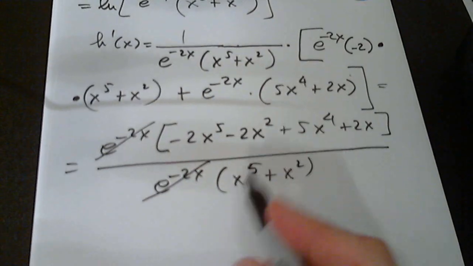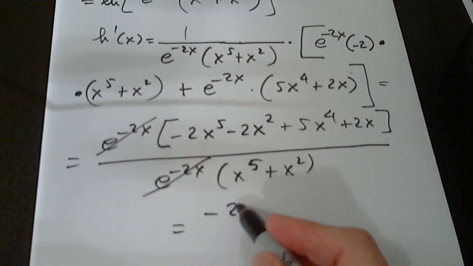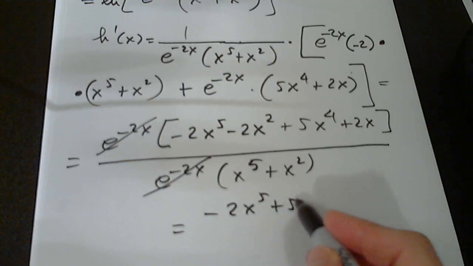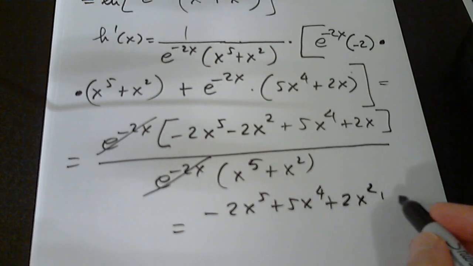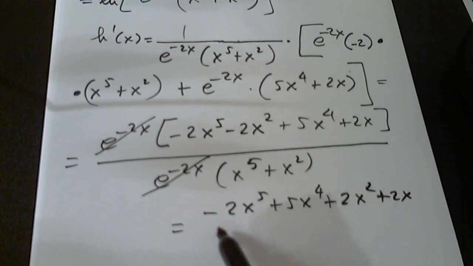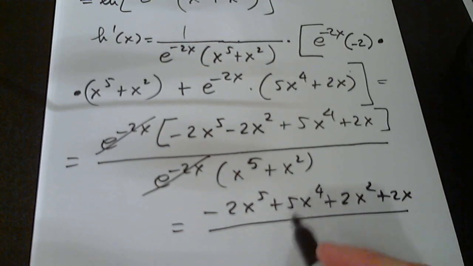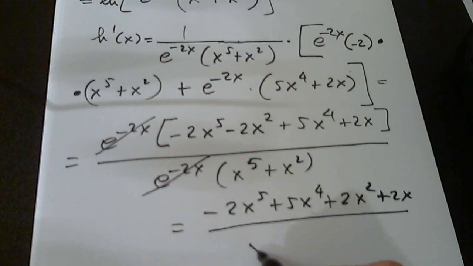And that's it. So negative 2x to the 5th plus 5x to the 4th plus 2x minus 2x squared and plus 2x. And I've just realized that we can simplify an x. But that's it. There is nothing else that we can do here.